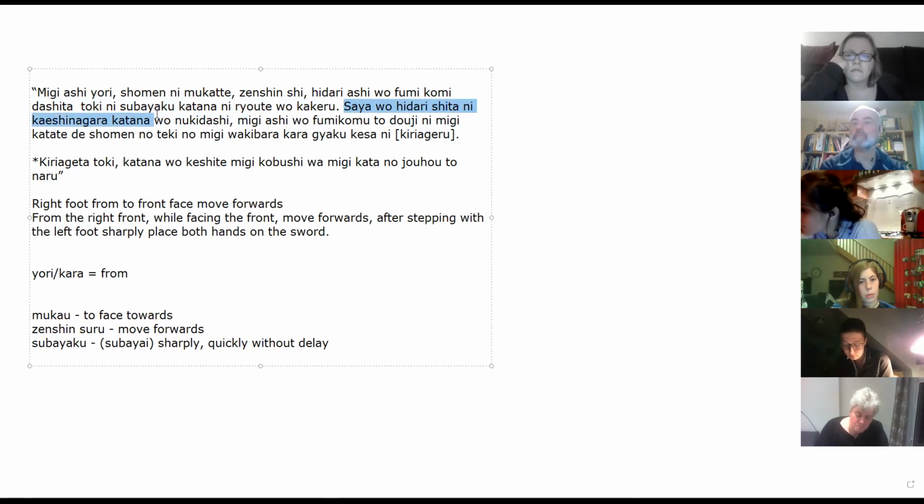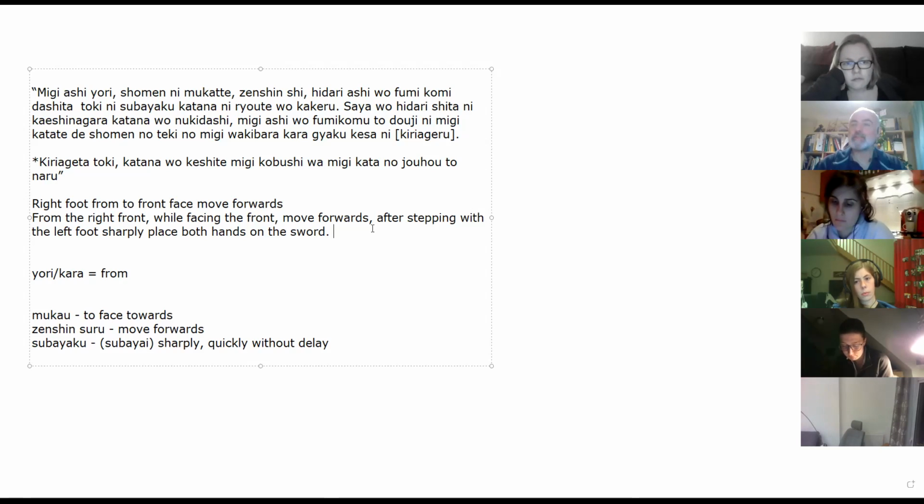Can I ask one question? Go ahead. Sure. When you use hidari ashi o fumikomi dashita toki ni, when you use ni in this case, you are drawing attention to that moment that you are referring to, right? Exactly. If you didn't use ni, you would just say after walking with your left foot, but by using ni, you are emphasizing that part.